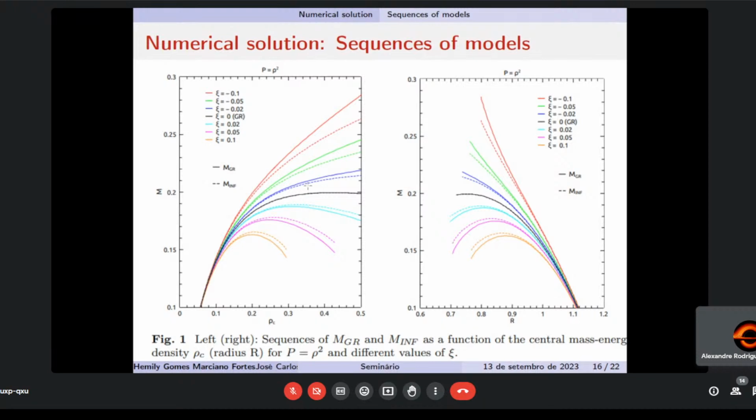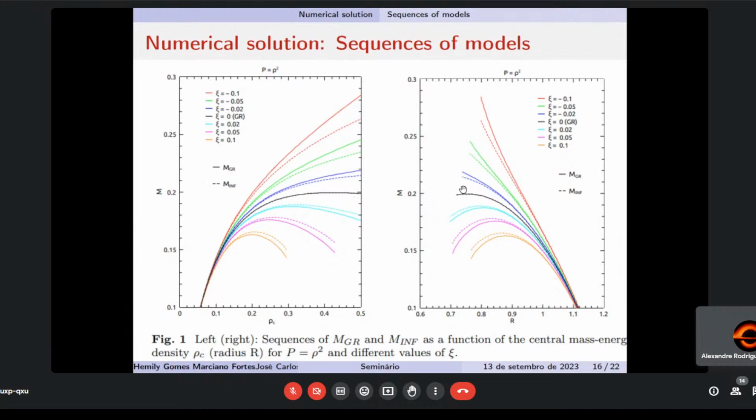So if you change the Xi, for example, for negative values, we can see the maximum mass changing. So you have different maximum mass. This example was made using polytropic with this index.